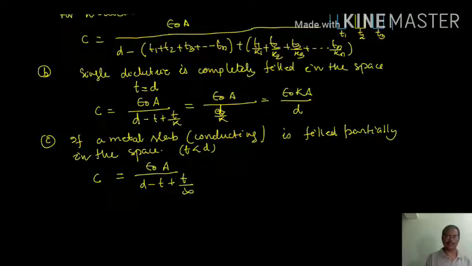K is here infinity. So for a conducting slab or a metal slab, K is infinity, the dielectric constant is infinity. So this is equal to epsilon 0 A by (d minus t).